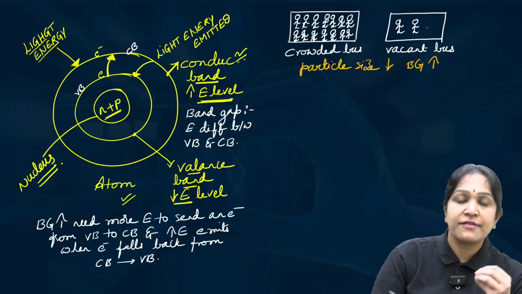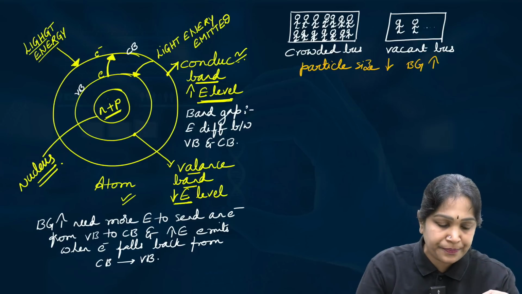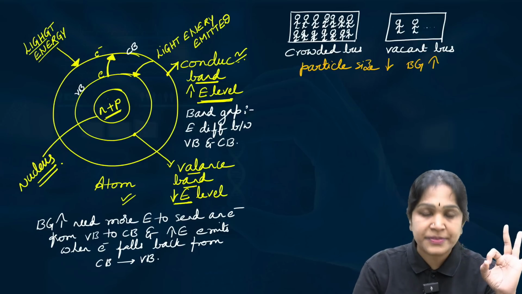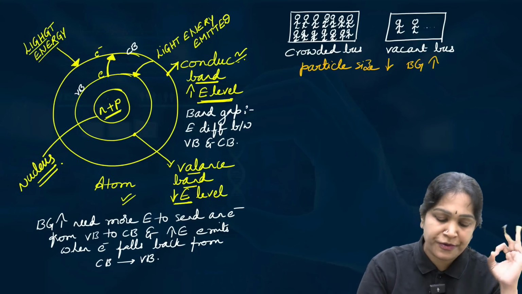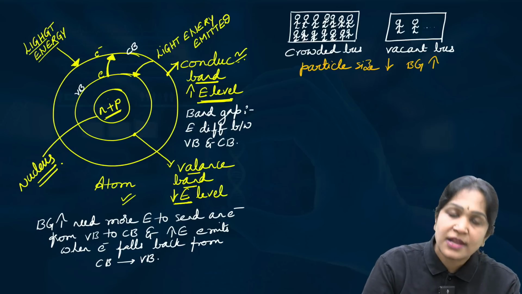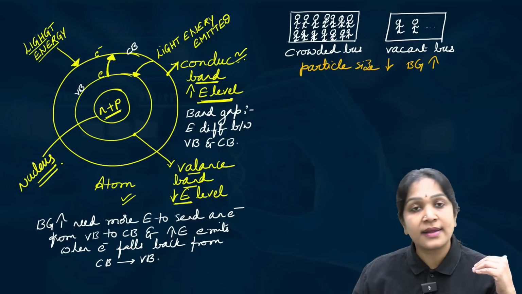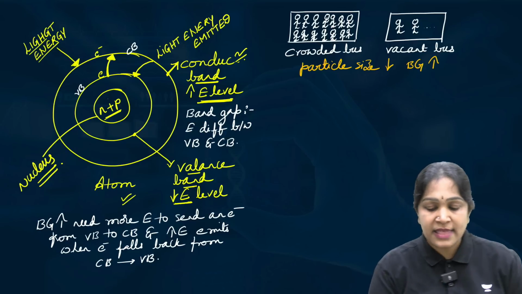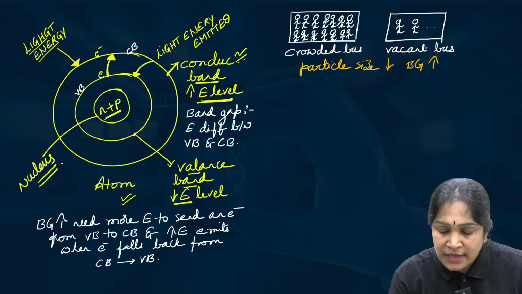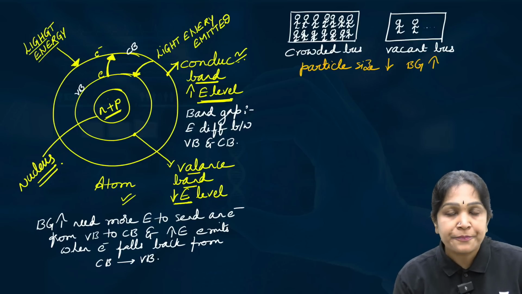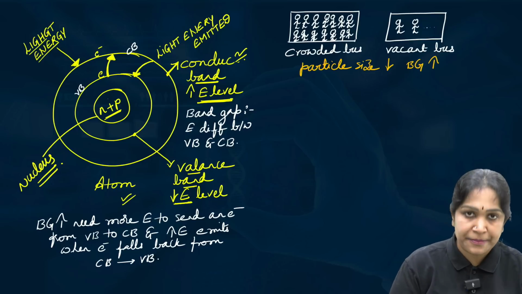I repeat, when we give light energy to this atom, the electron takes up this energy and jumps from the valence band to the conduction band. But the electrons in the conduction band are unstable and will fall back to the valence band after some time.